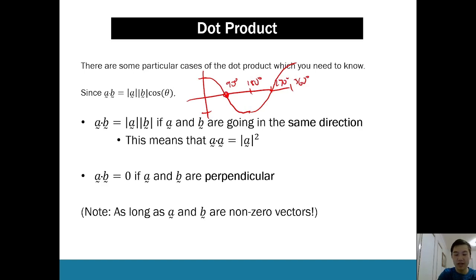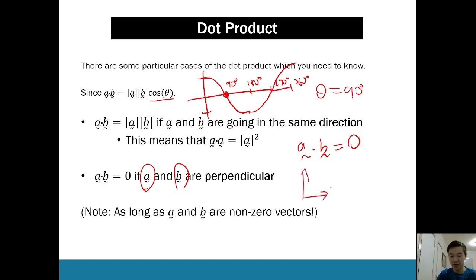When theta is equal to 90 degrees, cos theta will be 0, so the dot product will be equal to 0. So if A and B are perpendicular, the angle between those two vectors will be 90 degrees, and therefore the dot product between A and B will be 0.